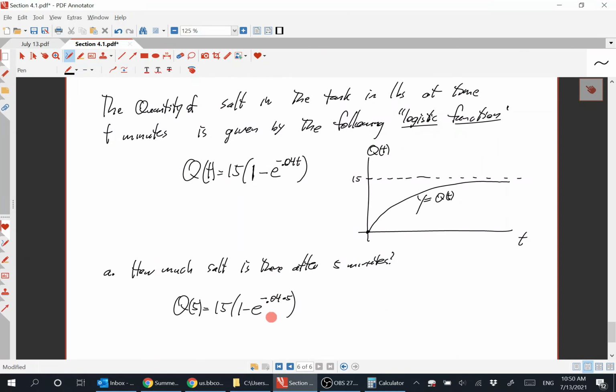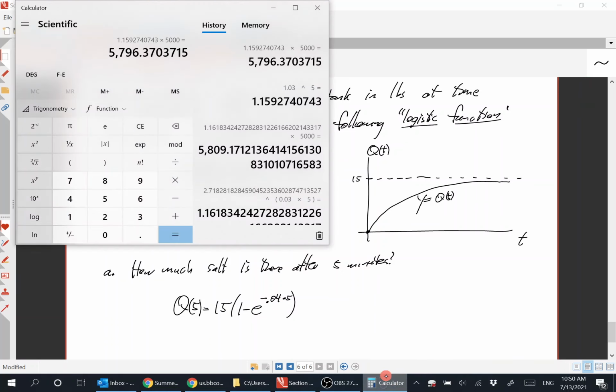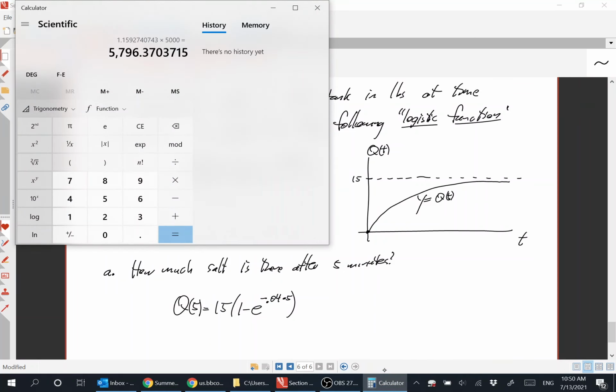Again, it's always a little awkward, I think, using the calculator to do these because you don't go from left to right. You kind of have to start at this part here. So E. You should have some button for E somewhere.